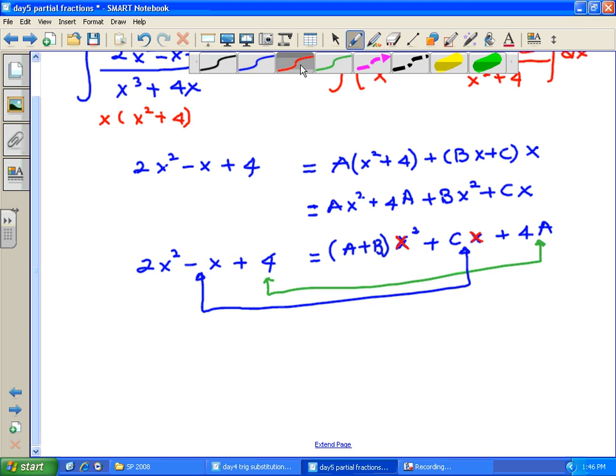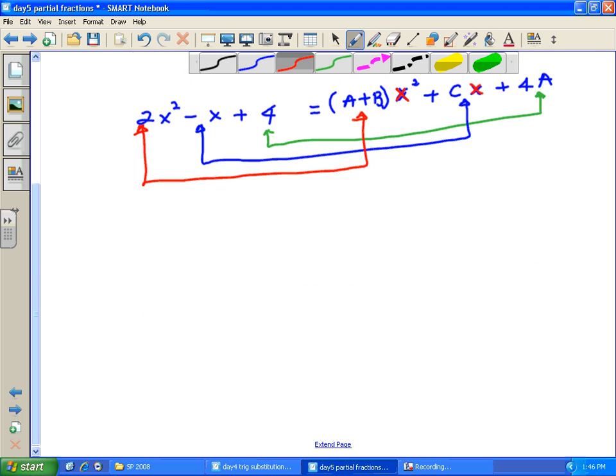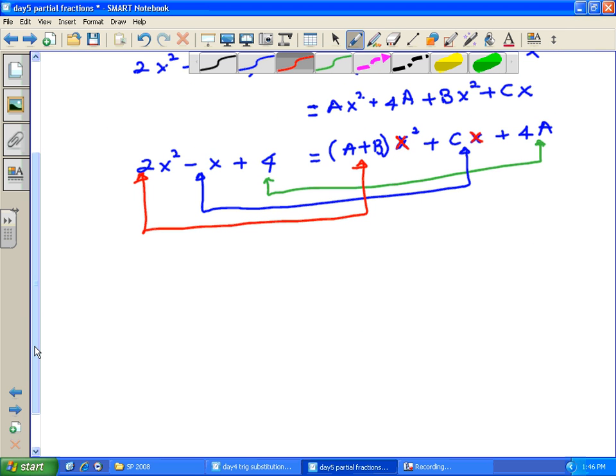And the last one is the coefficient of x squared must be equal to the coefficient of x squared on this side. So let me write those equations down real quick. A plus b must be equal to 2. -1 must be equal to c. And 4a must be equal to 4.